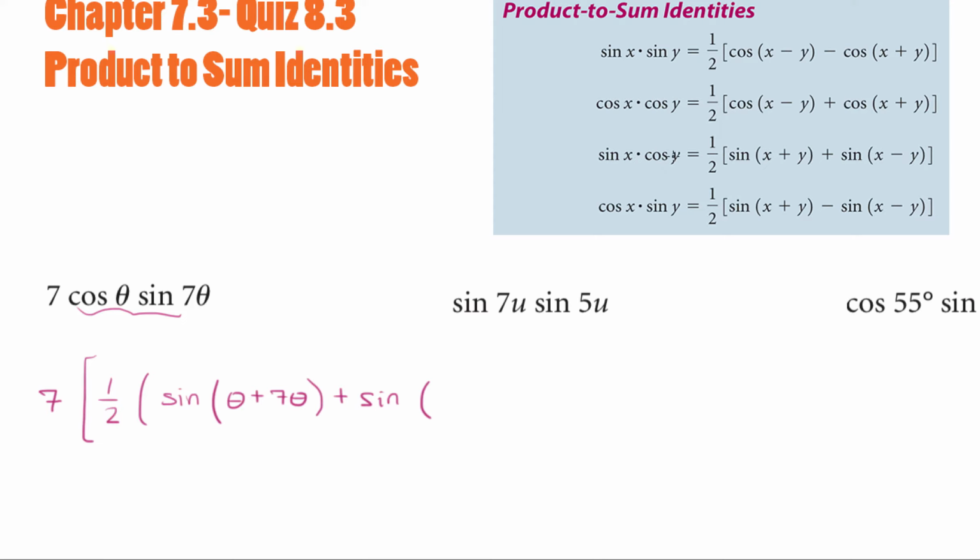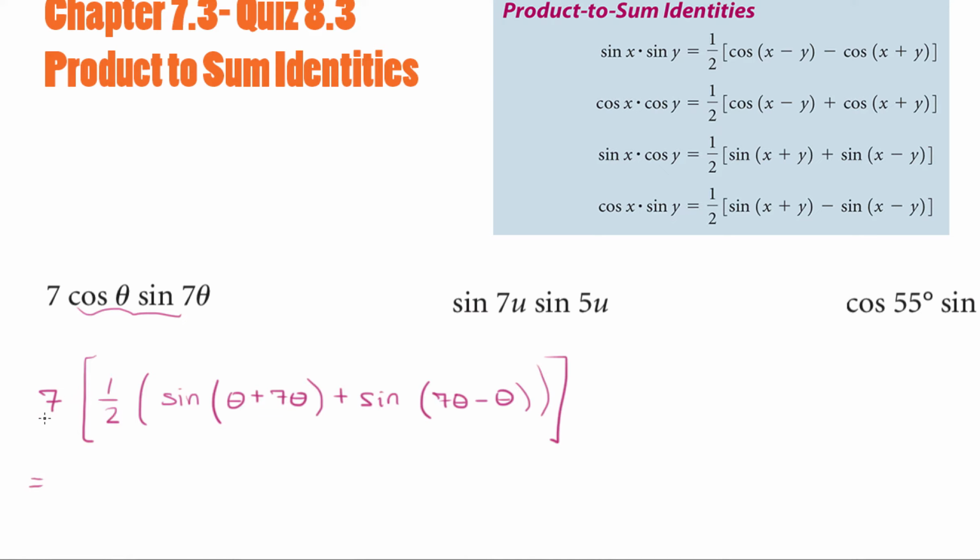Notice that y is the theta and x is the 7 theta. So 7 theta goes first: 7 theta minus theta. Close here.